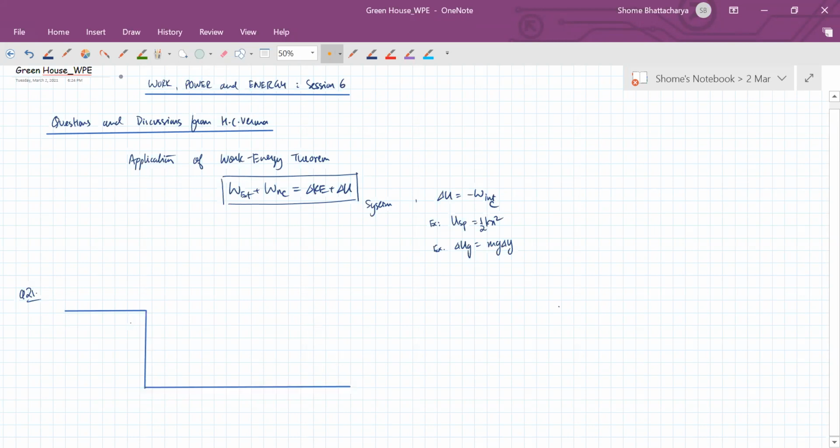Let's say at a height of 40 meters above the ground level, we have fired a projectile at an initial speed of 50 meters per second. But this angle is unknown to us.